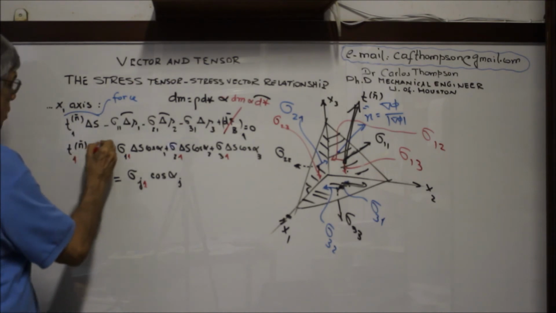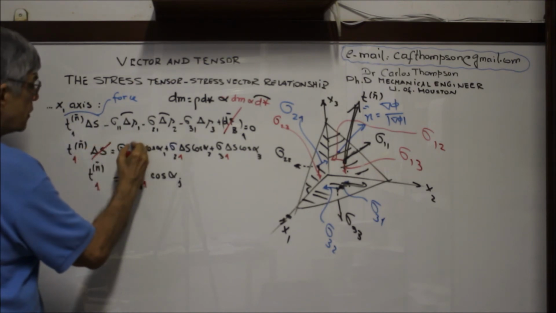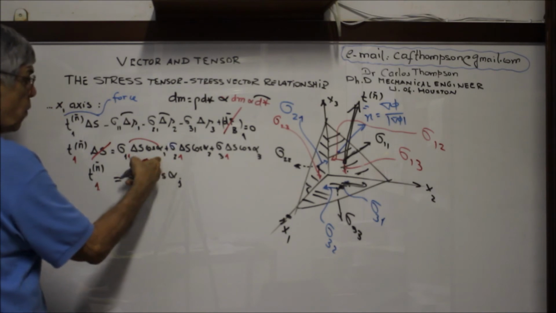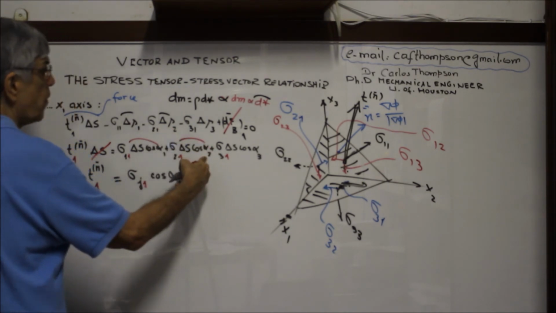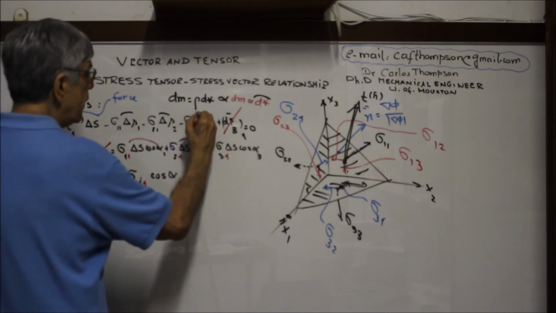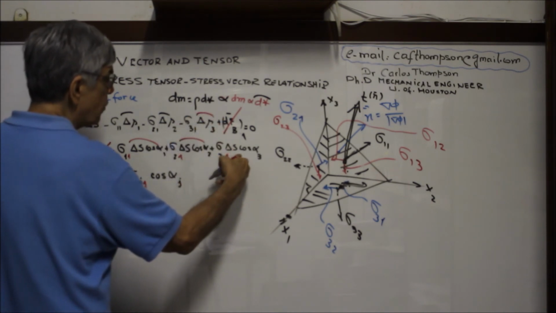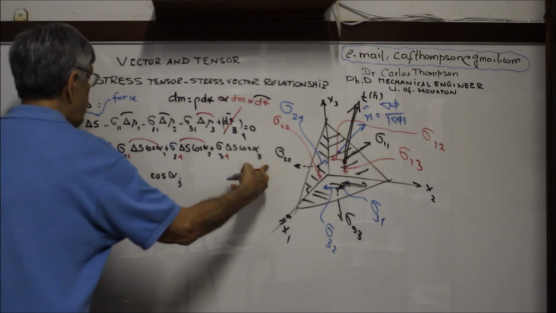Why? Look, delta S1 is delta S cosine of alpha 1. Delta S2 is delta S cosine of alpha 2, as you did before. And delta S3 is delta S cosine of alpha 3.